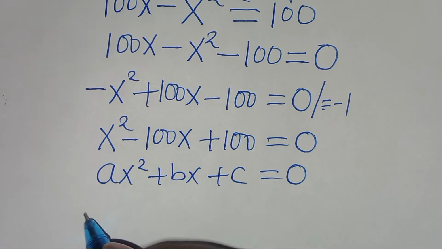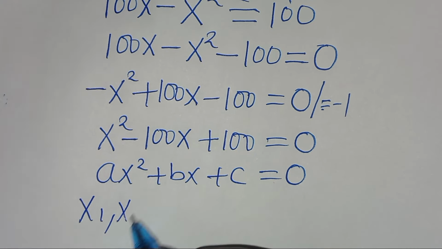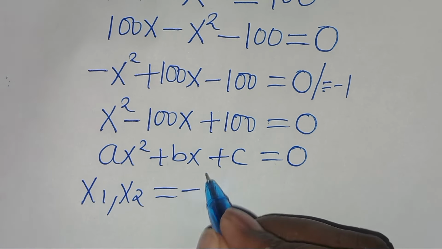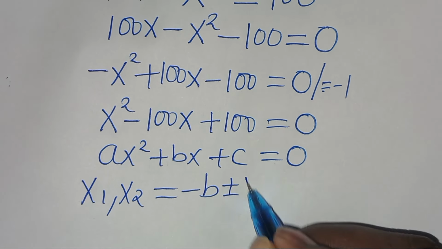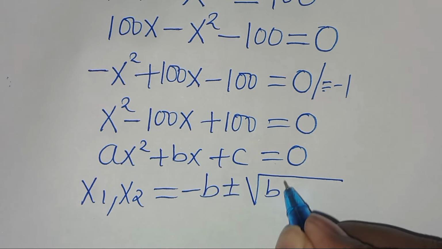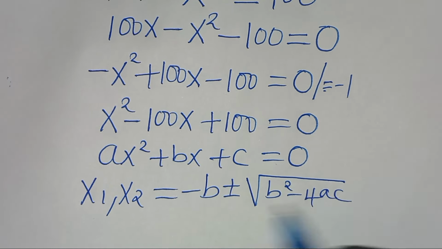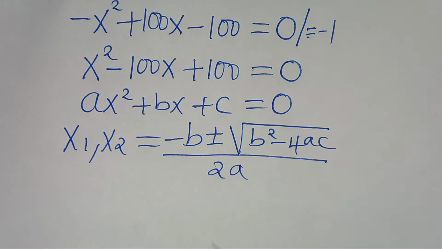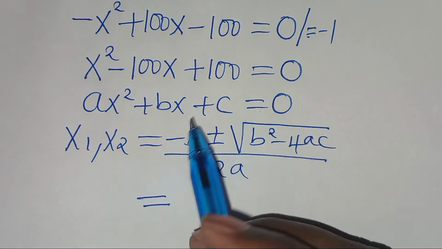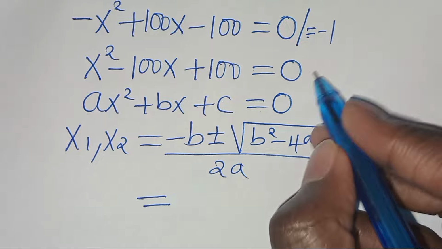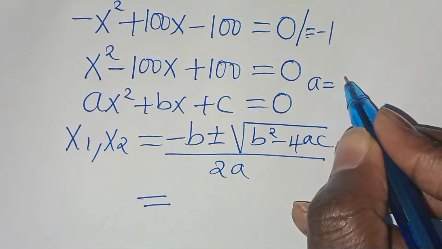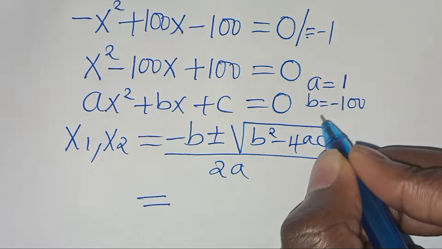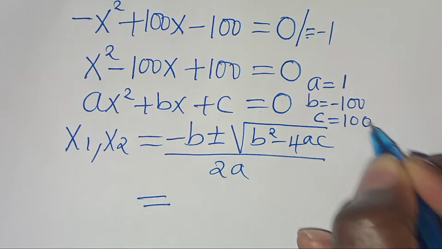Now, to solve for x1, x2, we introduce the quadratic formula, which is minus b plus or minus the square root of b squared minus 4ac, everything divided by 2 times a. From this equation, we have a equal to 1, b equal to minus 100, and c equal to 100.